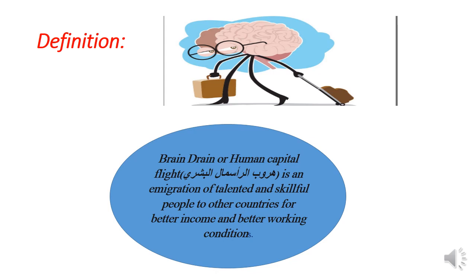If you remember in the classroom, we agreed on this definition. Brain drain, or human capital flight. In your writing, try to avoid saying brain drain; you can use human capital flight. It is an immigration of talented and skillful people to other countries. Why do these people immigrate? They immigrate for better income and better working conditions.